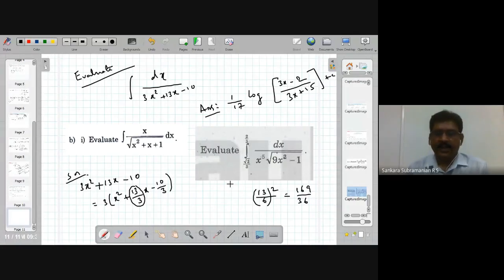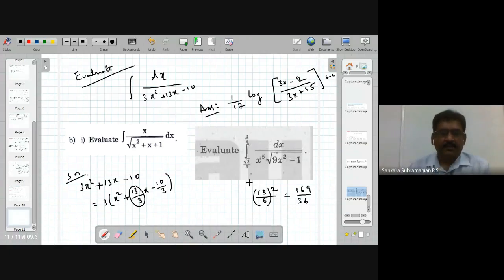So you have to add and subtract these terms, (13 by 6) the whole square.